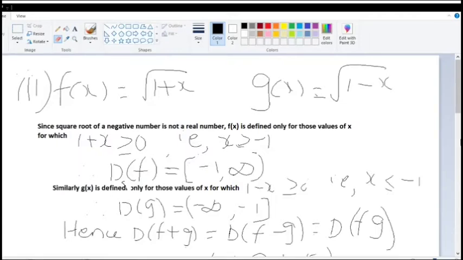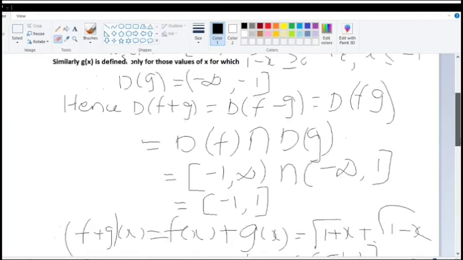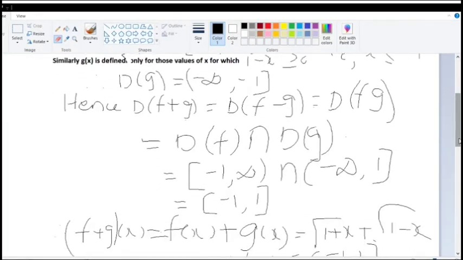Hence, domain of f plus g equals domain of f minus g equals domain of fg equals domain of f intersection domain of g. Therefore, closed interval minus 1 to infinity intersection minus infinity to 1, which is equal to the closed interval minus 1 to 1.